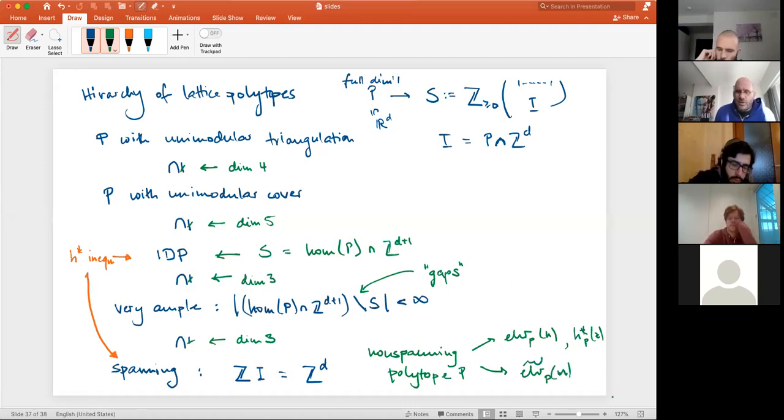I can think of computing lattice points not in Z to the D, but computing lattice points in here. So if I have a non-spanning polytope, that's a different lattice. It's isomorphic to Z to the D again, so I can do the whole Ehrhart thing. And my polytope lives in there. It's a lattice polytope in that lattice. And so non-spanning polytopes come with two interesting Ehrhart polynomials.